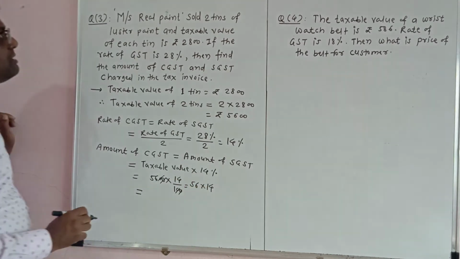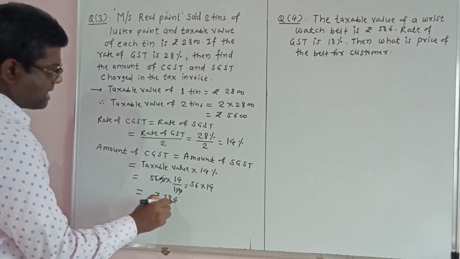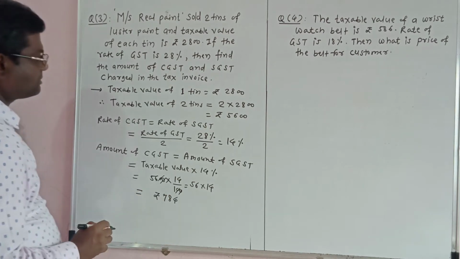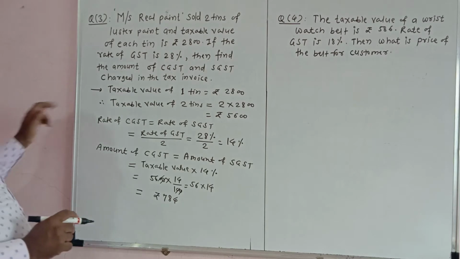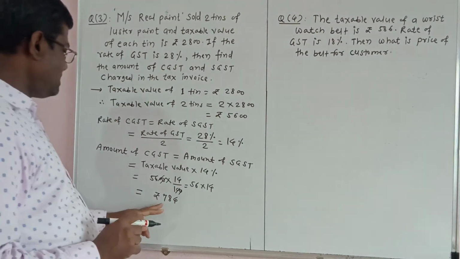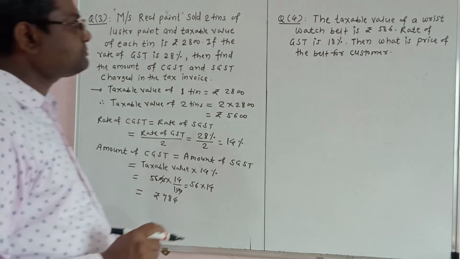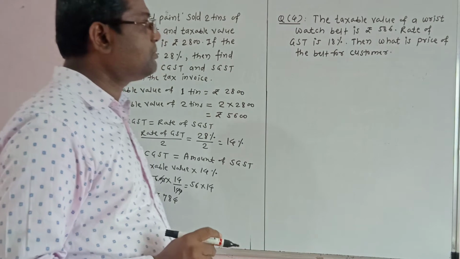So 56 into 14, that will be rupees 784. Therefore, amount of CGST and amount of SGST are rupees 784.